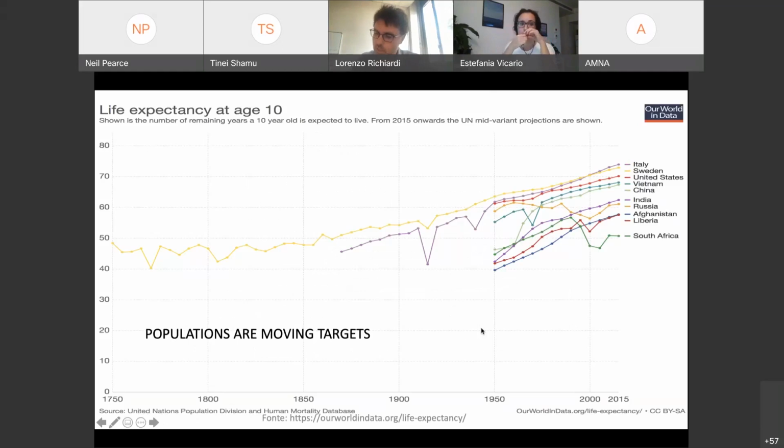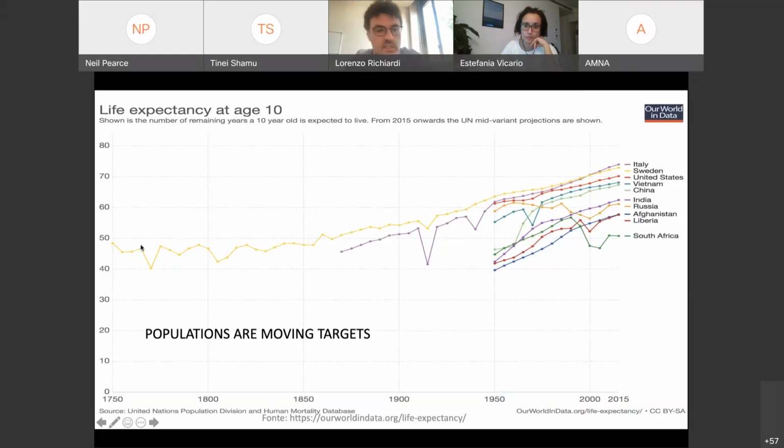Just to give you an idea of the importance of the context when we study health, I show here a trend analysis of life expectancy in different populations during the 20th century for most of the populations here.